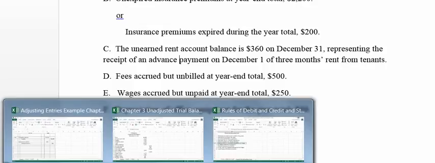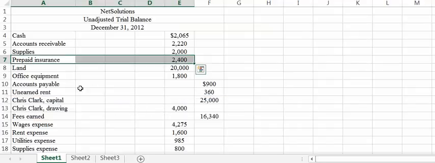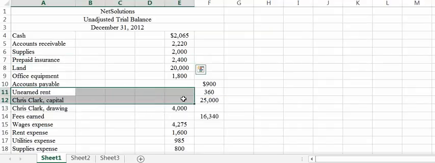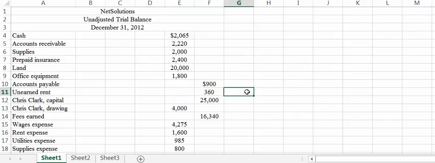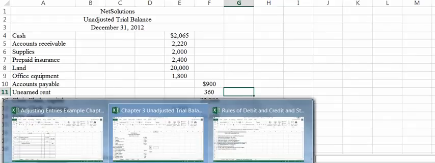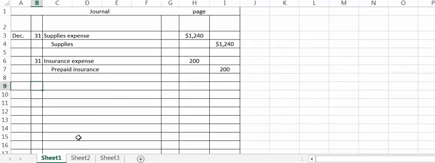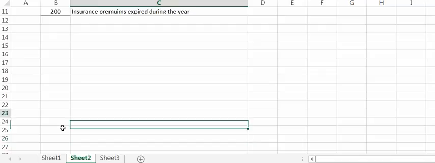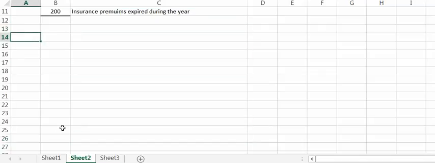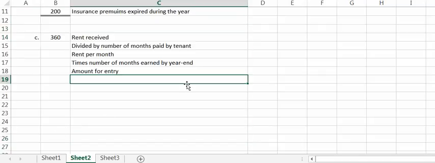And if we look at our unadjusted trial balance, that's the balance we're showing there, right? Unearned rent, $360 on December 31st. But by the end of December, we've now earned a part of that rent. So let's make a calculation over here. Okay, you guys, these calculations will seem like overkill for this one.